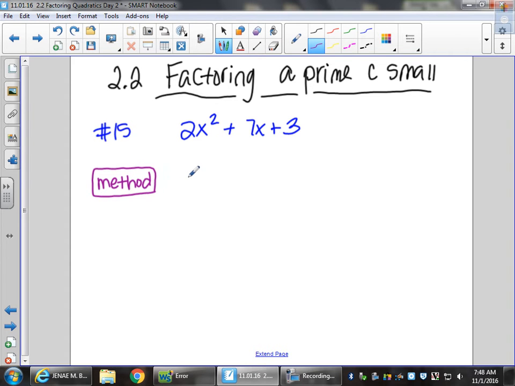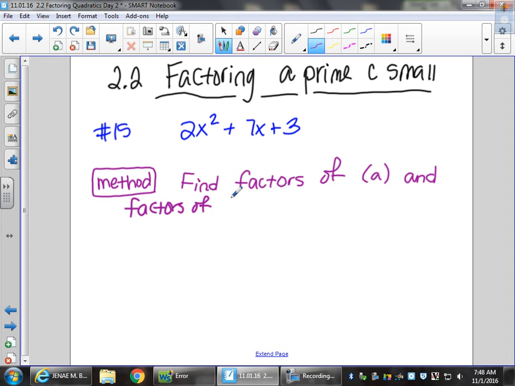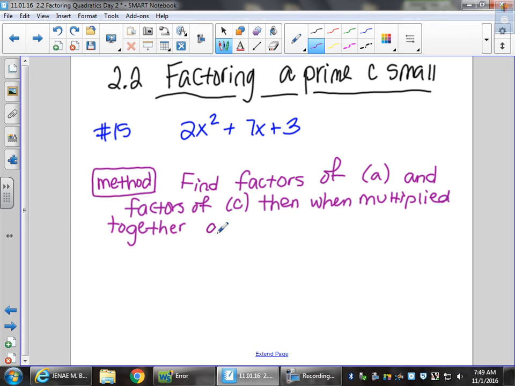Find factors of A and factors of C that when multiplied together add to B. Factors of A and factors of C that when multiplied together add to B.